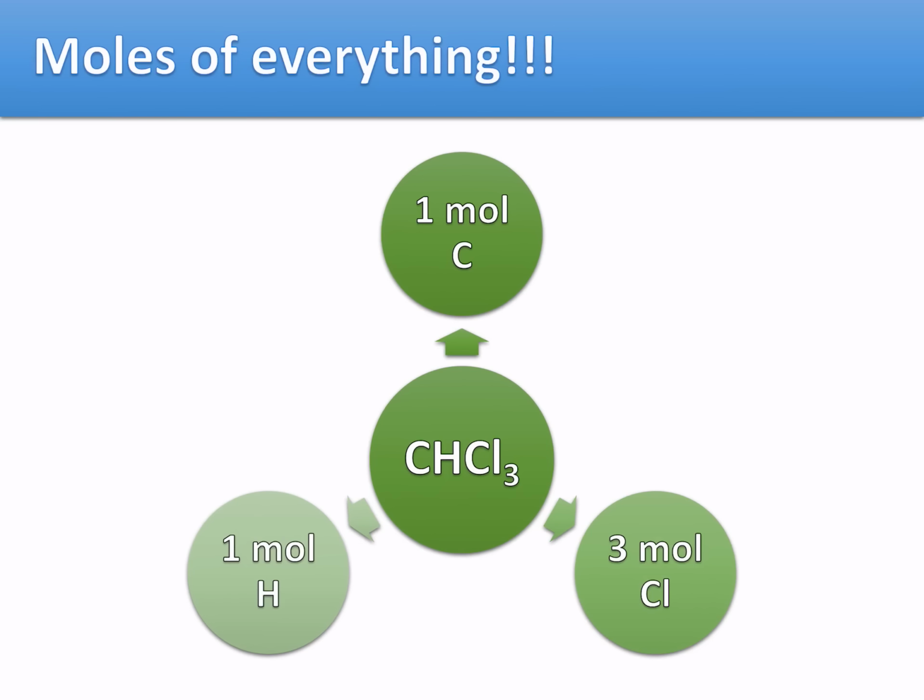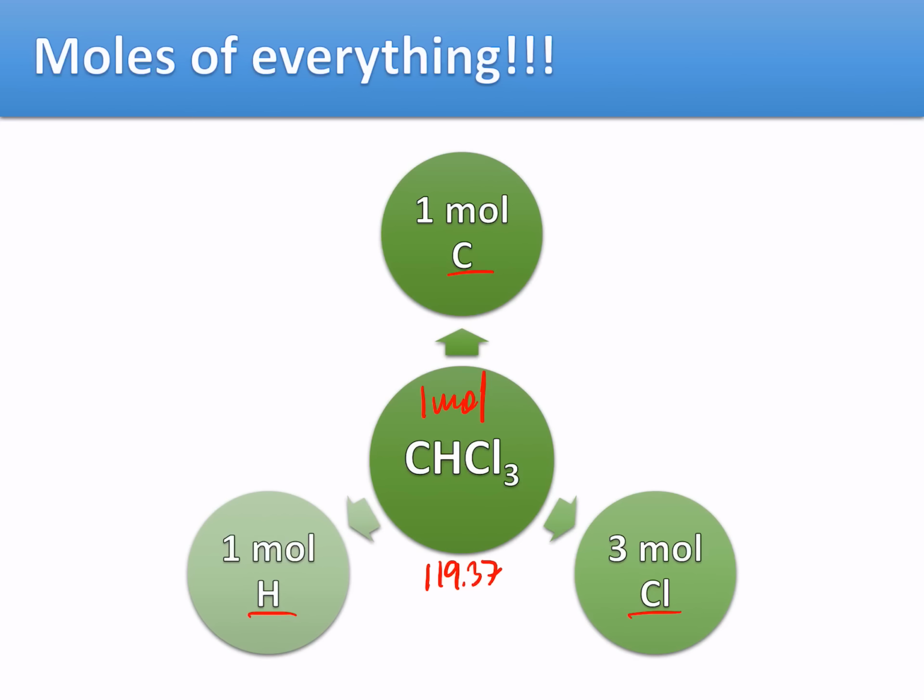So we can extend those relationships, the mole relationships, to what you have in the compound in terms of the elements. So here we can say that 1 mole of chloroform contains 1 mole of carbon atoms, 1 mole of hydrogen atoms, and 3 moles of chlorine atoms. Okay, we can extend that relationship to mass relationships because we know that 1 mole of chloroform is 119.37 grams.